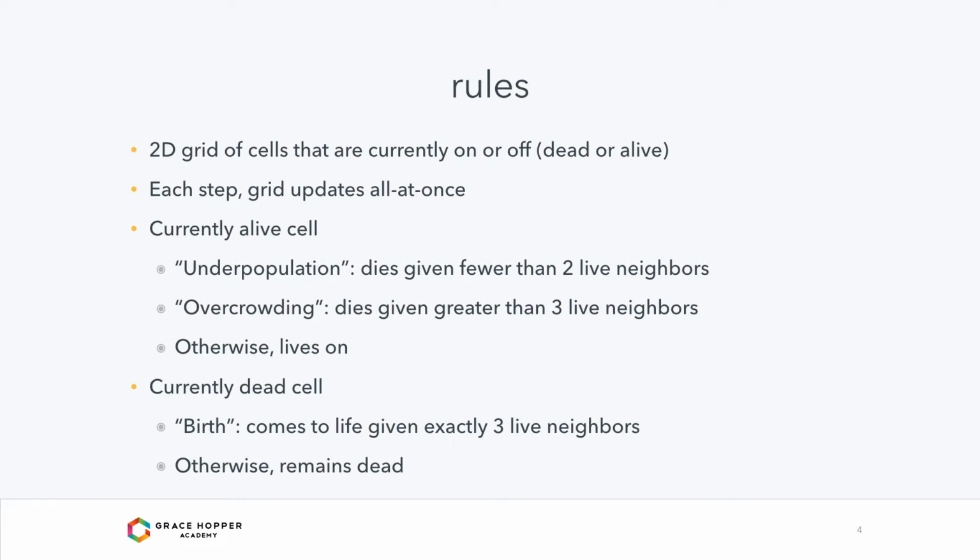A dead cell will come to life if it has exactly 3 neighbors. Basically those 3 neighbors reproduce and produce a cell there, and otherwise it remains dead. These rules are why it is important that we update everything at once. Otherwise, the game does not take on the emergent characteristics that it has with these rules.